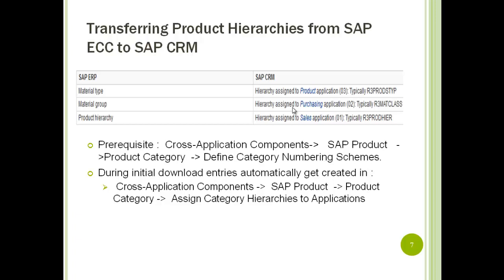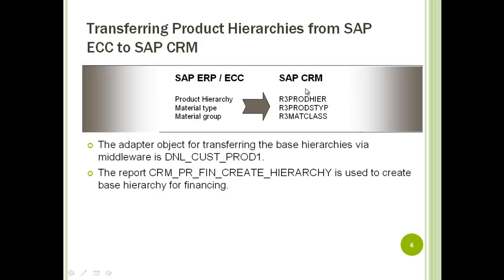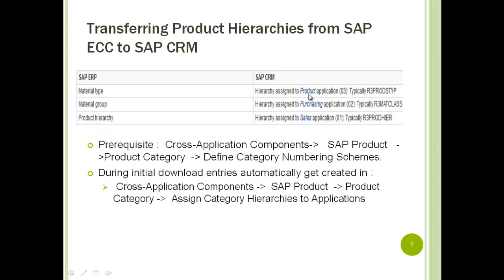So, if a product hierarchy is used in SAP ERP and you have created the numbering schema R3PRODHIER in SAP CRM, okay, this one, the product hierarchy R3PRODHIER. So, in SAP CRM for the product hierarchy of SAP ERP, we have to make sure the numbering schema corresponds precisely to the structure of the product hierarchy in SAP ERP. Okay. So, both the numbering schemas should be in sync.